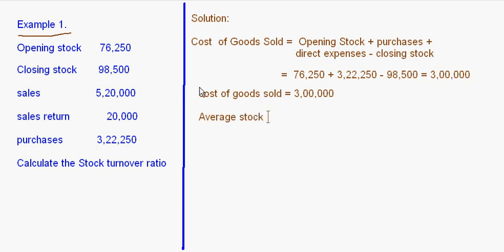Now, we have to find out the average stock. Average stock is equal to the opening stock plus closing stock upon 2. This is the formula for calculating the average stock, right? So let's calculate the average stock here.